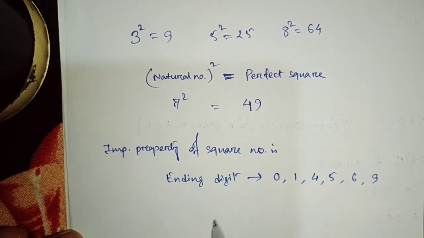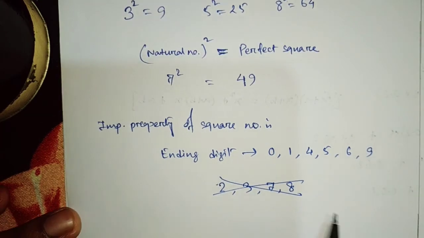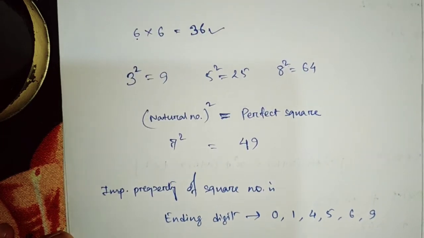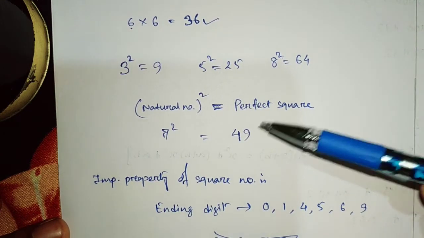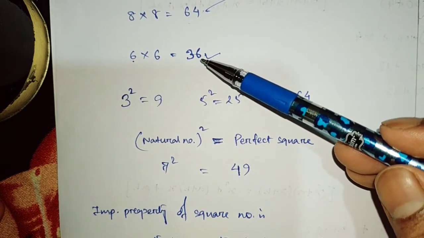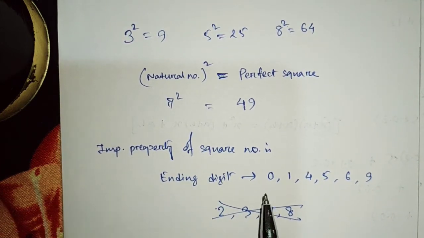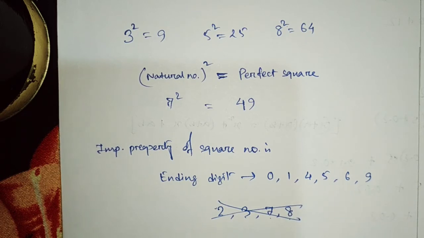You will never find a square number which has the digits 2, 3, 7 or 8 in the end. All the square numbers we have discussed till now, you see 9 is there, 4, 5, 6. So a square number always ends with either 0, 1, 4, 5, 6 or 9.